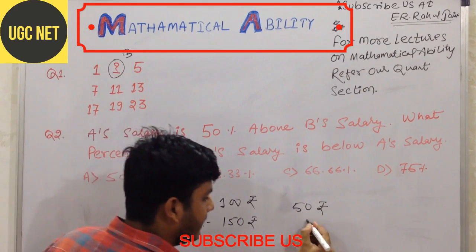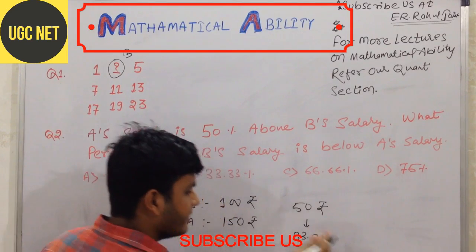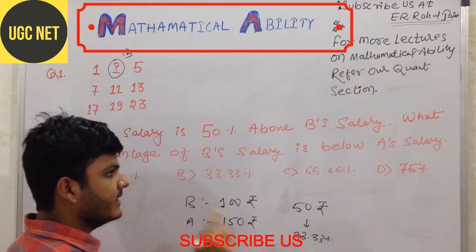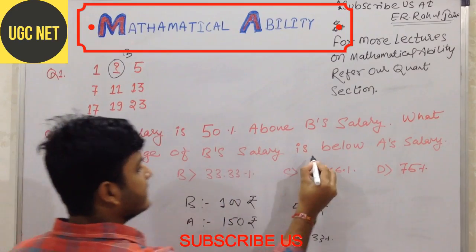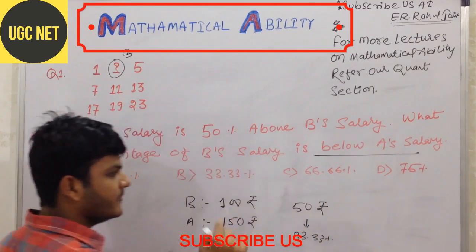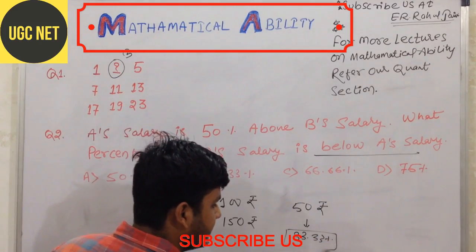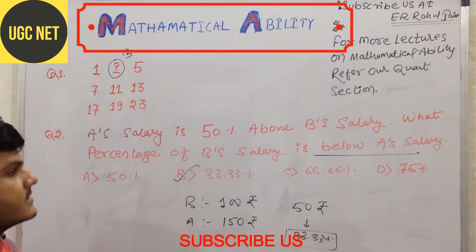Approximately 33.33% of 150 is 50 rupees. And in our question, what percent of B's salary is below A's salary, meaning 50 rupees below A's salary, but in percentage it is 33.33% below. So B is our right answer for this type of question.